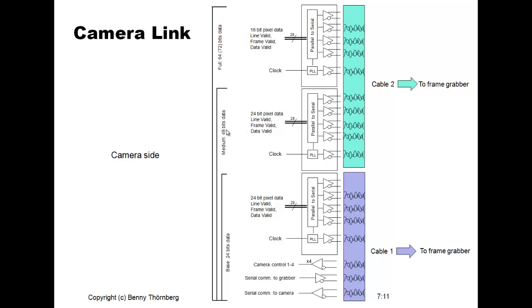For the full configuration you have 3 Channel Links, but for the last Channel Link only 16 bits of pixel data are used, and altogether we end up with a total of 64 bits that are transferred each clock cycle at a speed of 85 megahertz. There is a total of 72 data bits available, but only 64 are used. The rest are reserved for future extension of the standard.